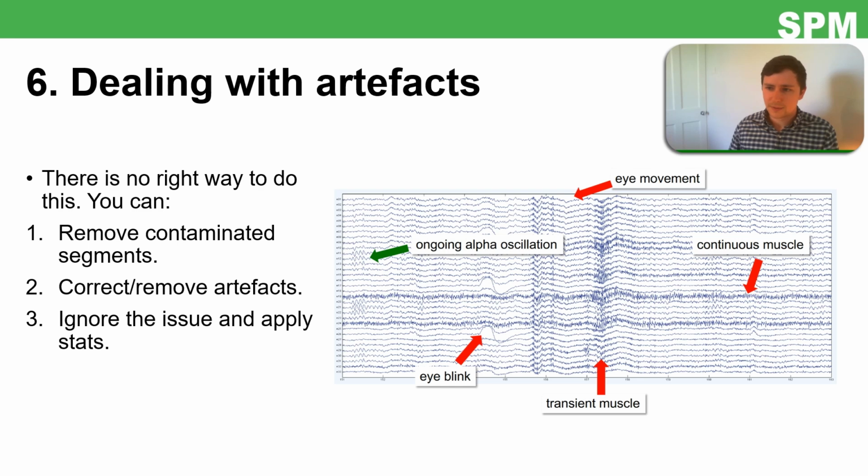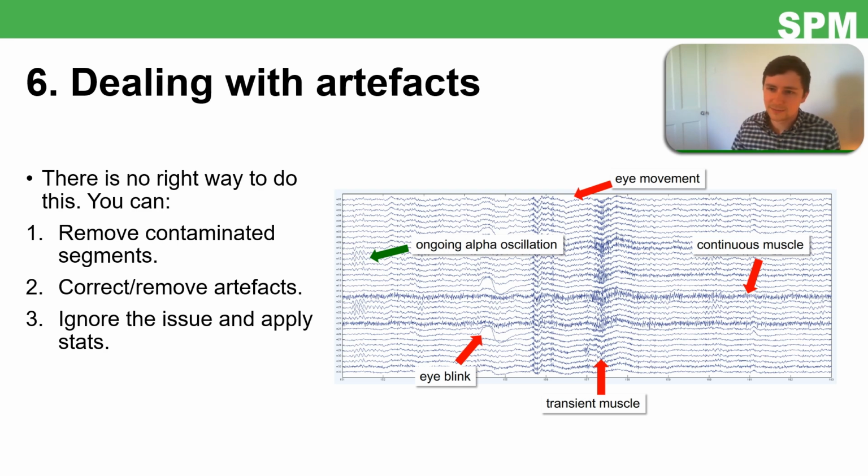Yeah, so here's just a nice example I borrowed from somebody else's slides, but you can see here how different artifacts appear in your time series. This requires some expertise, which I'll talk about on the next slide, but you might have some continuous muscle activity, which is this high frequency signal you can see, or a transient, that almost looks like the jaw to me, a burst of muscle activity.